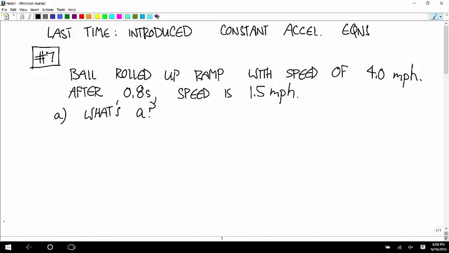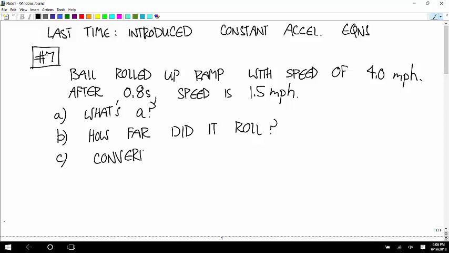Second, how far did it roll in that time? And third, convert to kilometers.